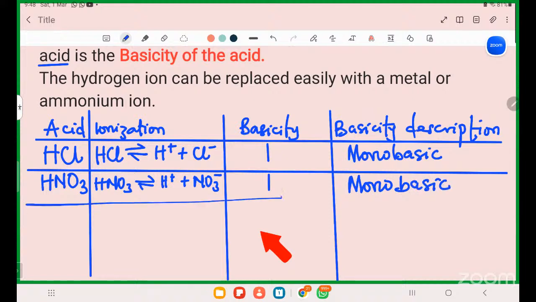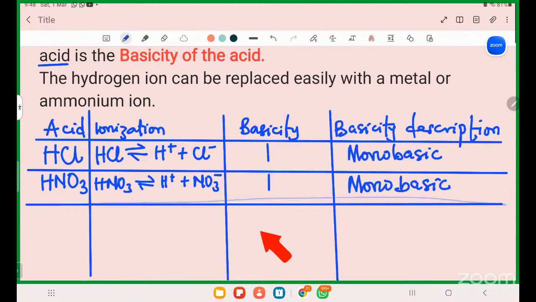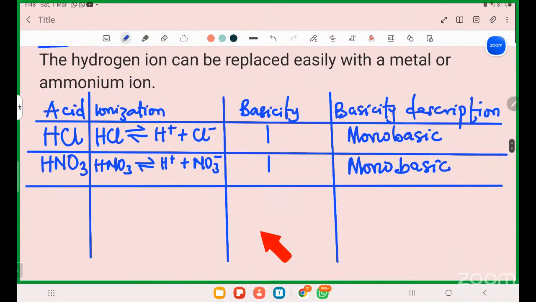Then another example is your tetraoxophosphate(V) acid, which is H3PO4.